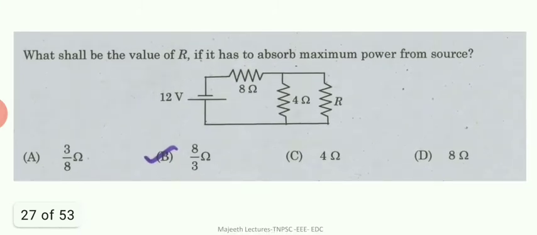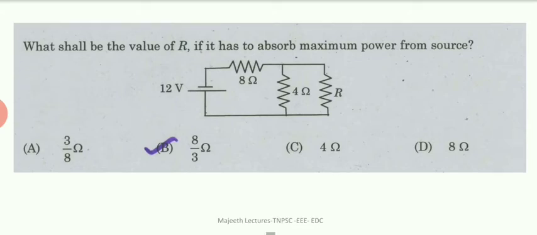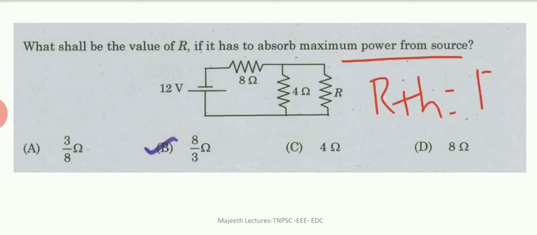Next one, what shall be the value of R if it has to absorb maximum power from the source? We know that from the maximum power transfer theorem, when RTH is equal to RL, maximum power will be transferred. So for maximum power transfer, RTH is equal to RL. So we find RTH. If you want to find RTH, what do we have to do? We have to short the voltage source and remove the load R. So what are the remaining? 8 and 4.